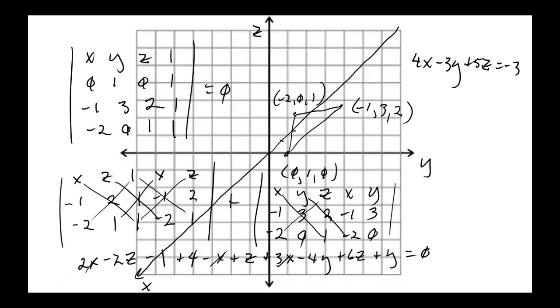Get it or not? I did. And that's what the book got too: 4x minus 3y plus 5z is equal to negative 3, or you could put plus 3 is equal to 0. It doesn't matter.